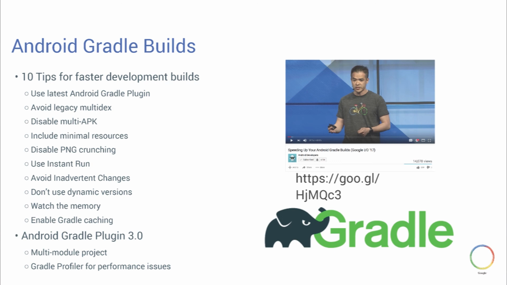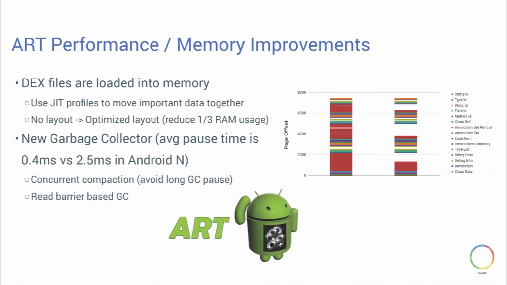Finally, this is something free for every Android developer. We keep improving our ART runtime performance and also memory. For DEX file optimizations, we use the JIT profiles to move all the important files together into similar memory pages. And by doing that, we improve memory usage by 1/3.